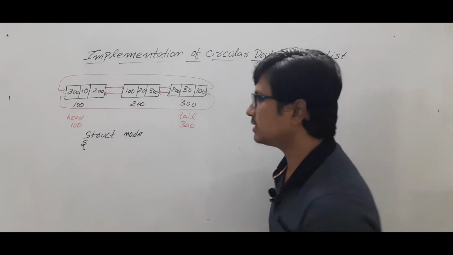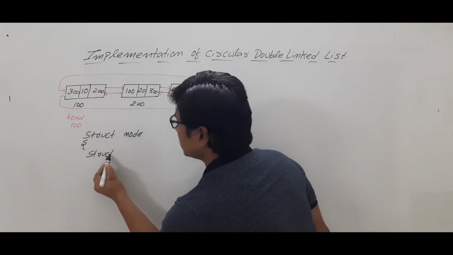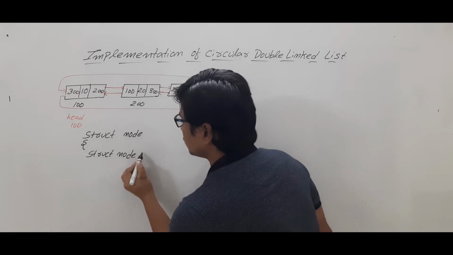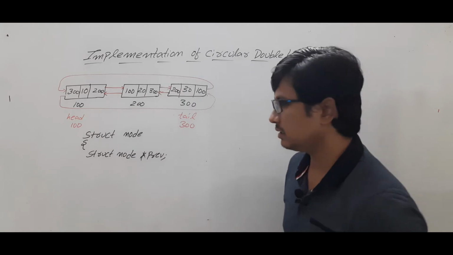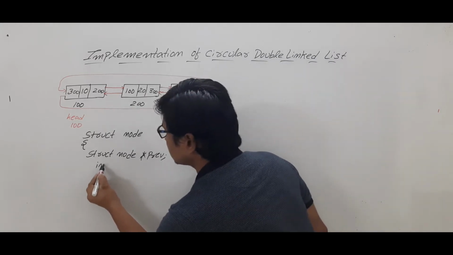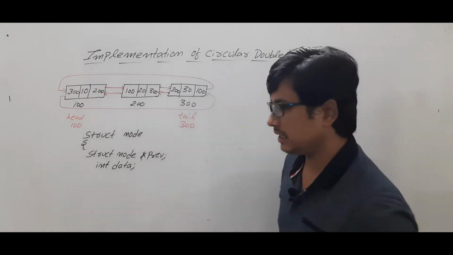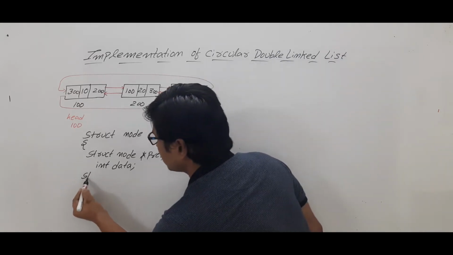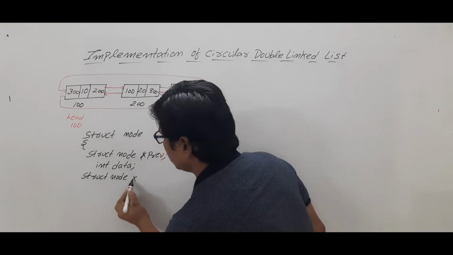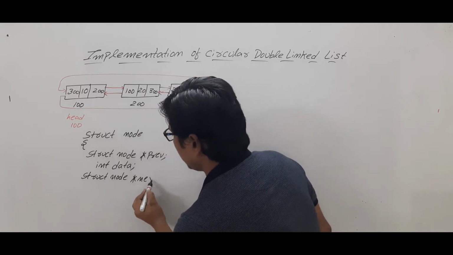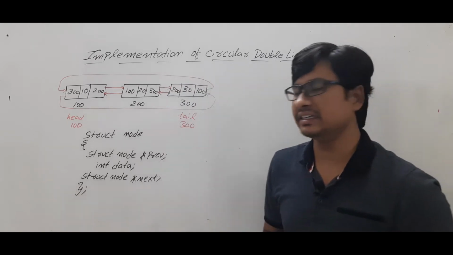What are the members? One is the address of the previous node, so let me write it as prev, which is a pointer. Then another one is data, which is an integer, so let me write int data. And another one is the address of the next node, so struct node next. This is the way we will define a structure.